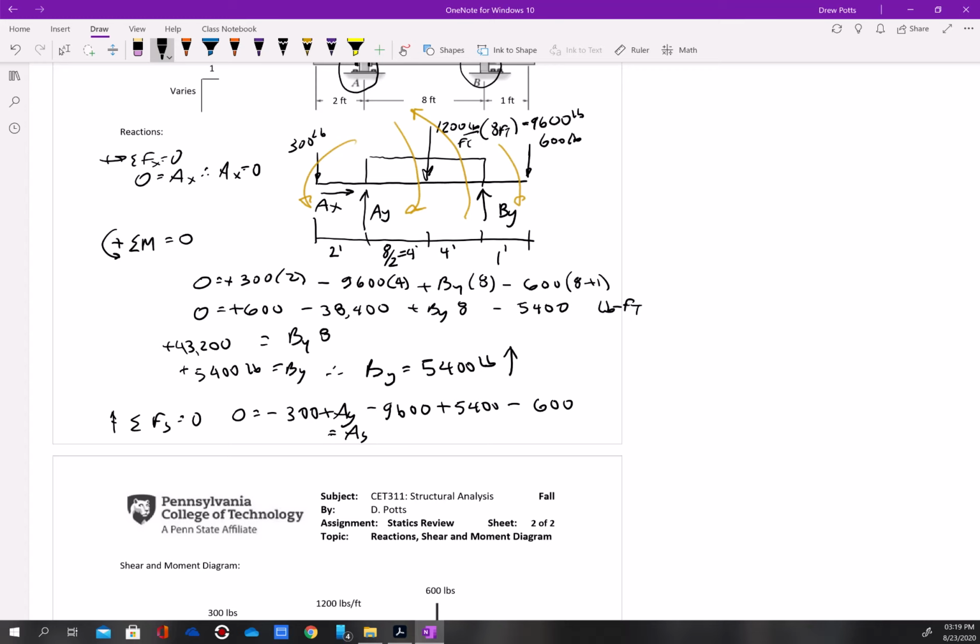Again, it's positive, so it stays on the right hand side, positive 5,100 pounds. So therefore, also in the correct direction, the direction we assumed, 5,100 pounds upward. Okay, so that's all old news, right? So we got AX 0, BY 5,400, AY 5,100. So that's what we need in order to establish equilibrium.